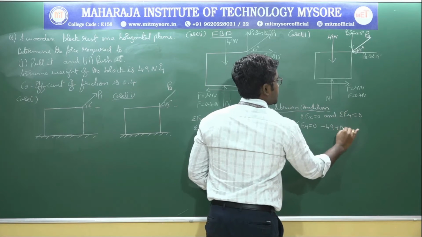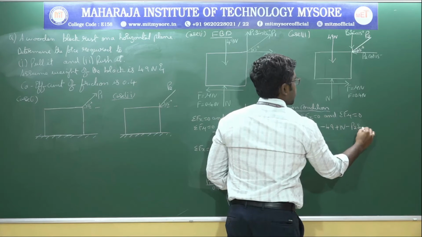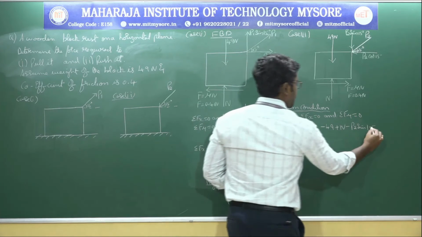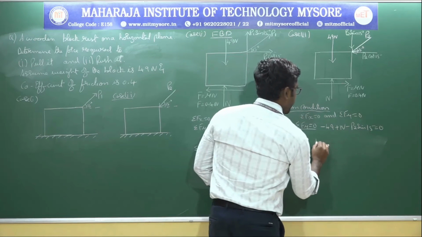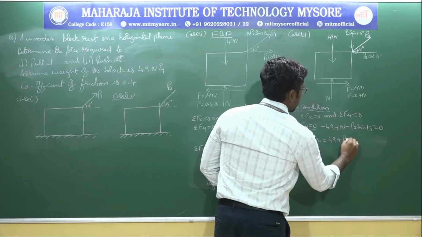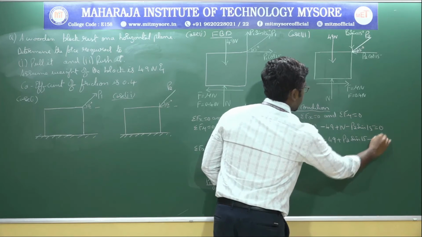This will be plus N and this will be minus P2 sin 15 is equal to 0. Let me rearrange this equation where N is equal to 49 plus P2 sin 15, call it equation number 2.